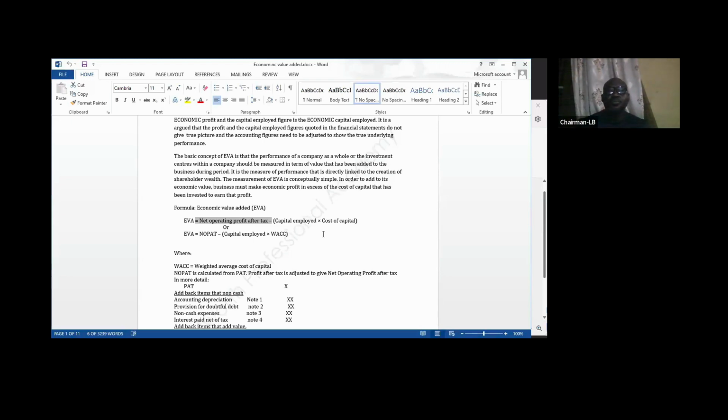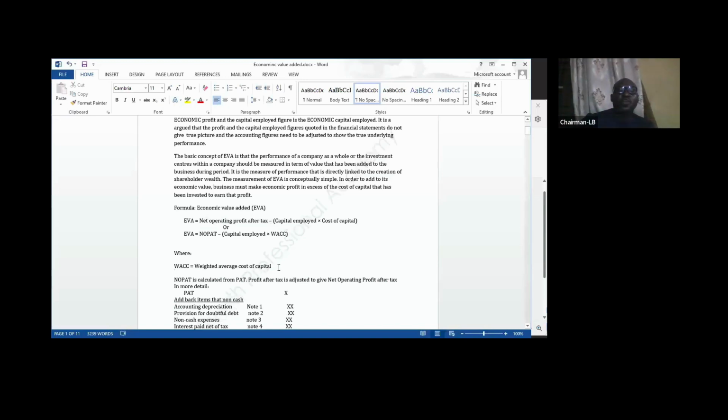This can be abbreviated as your economic value added equals NOPAT, net operating profit after tax, minus capital employed multiplied by your WACC. Your WACC is weighted average cost of capital. Okay, it's even stated here.